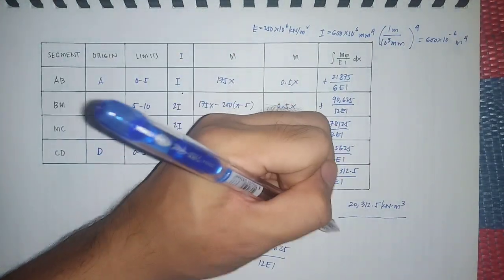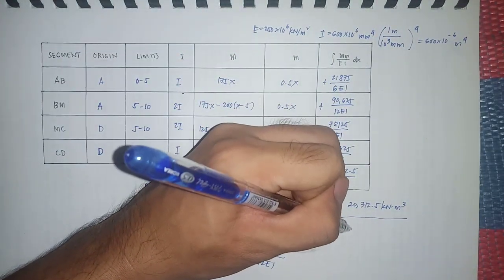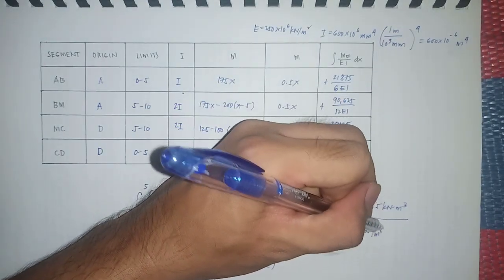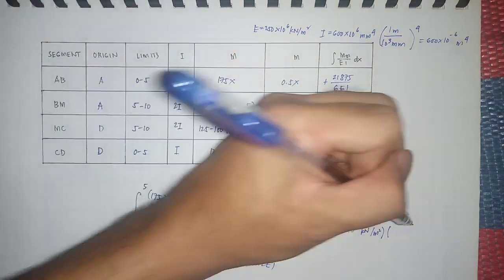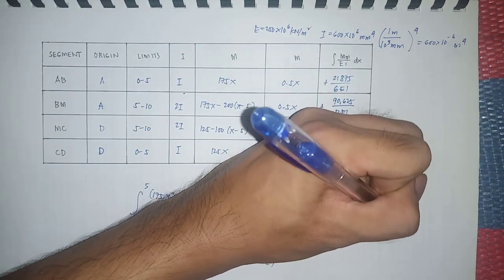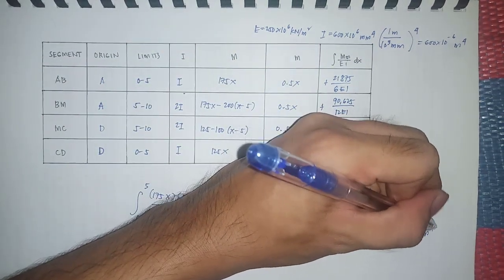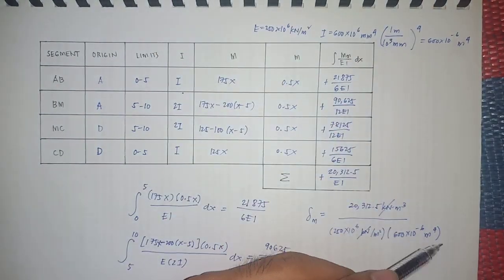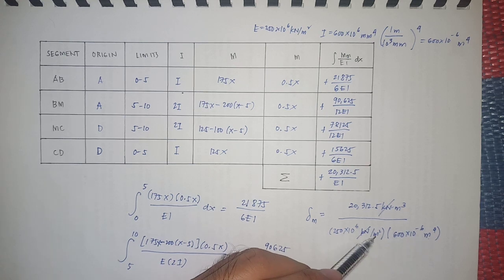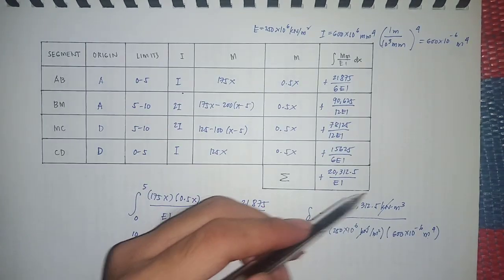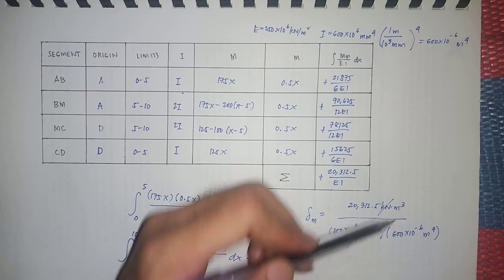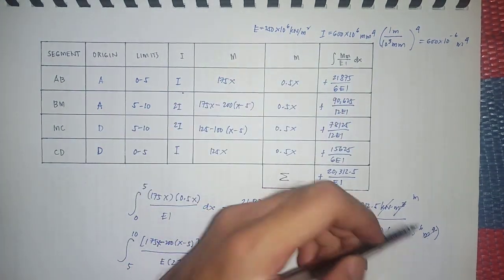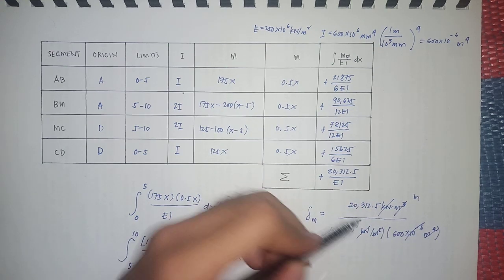Ito. 250 times 10 raised to 6 kilonewton per square meter times what? 600 times 10 raised to negative 6 meters to the 4th power. Okay, cancel yung kilonewtons. Okay, meter raised to 4 divided by meter square, that is meter square. Meter cube divided by meter square, may matitirang meter. Okay, and ayun, no, cancel din yung 10 raised to 6.